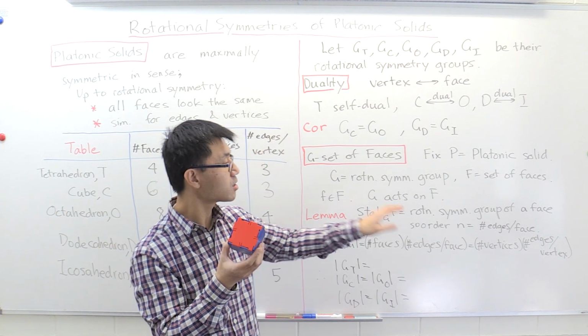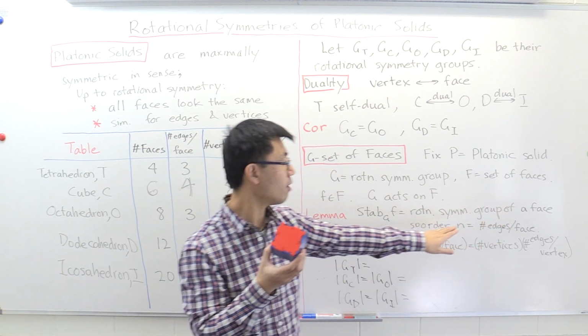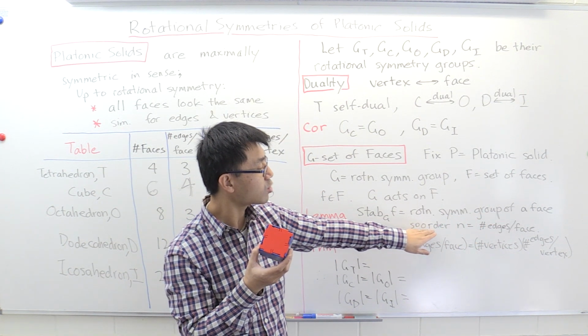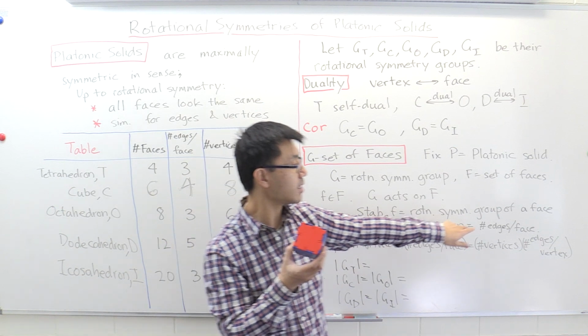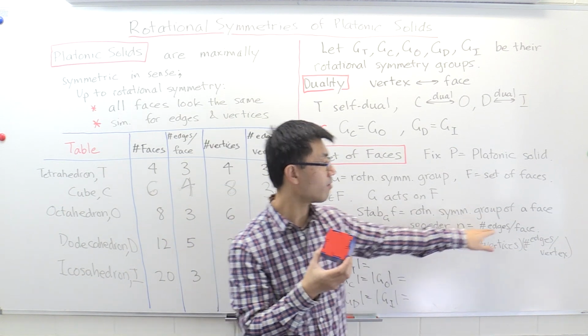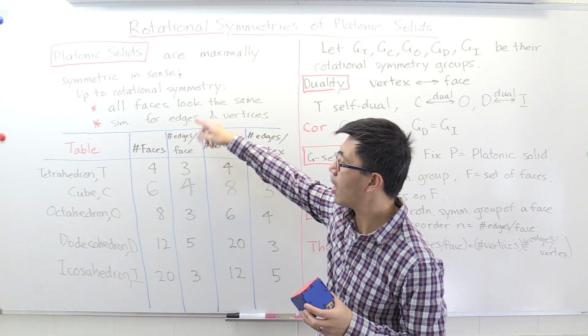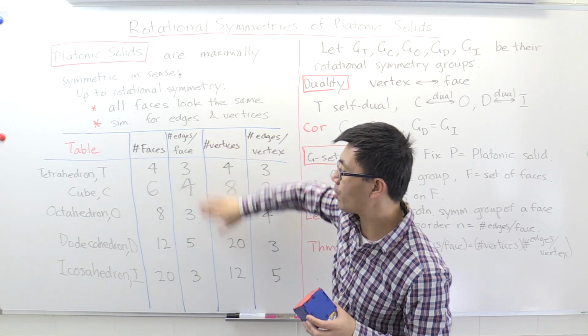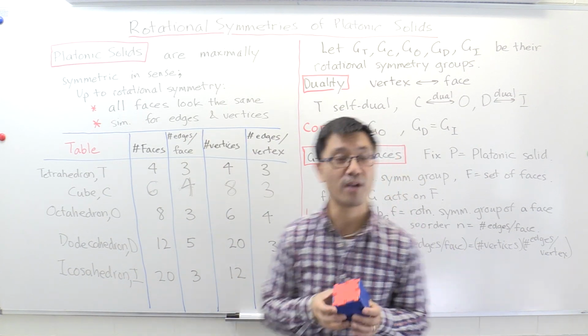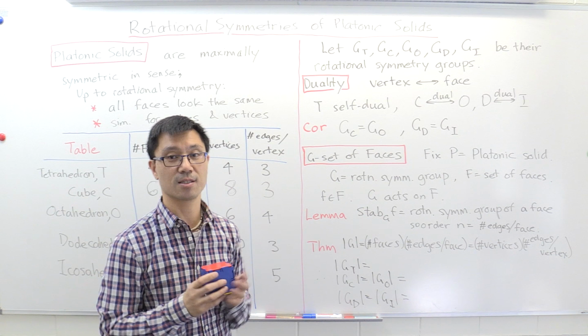So in particular, since the rotational symmetry group of a face, how many elements are in there? What's its order? This order n is just the number of edges per face. That's just the number in this second column here. The number of edges per face gives you the stabilizer.